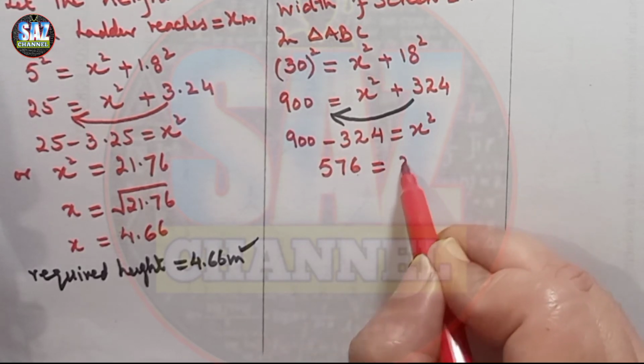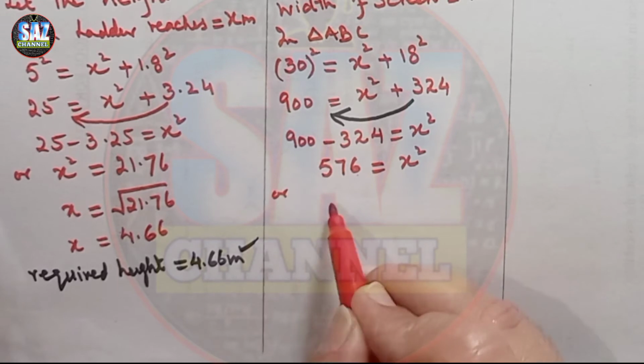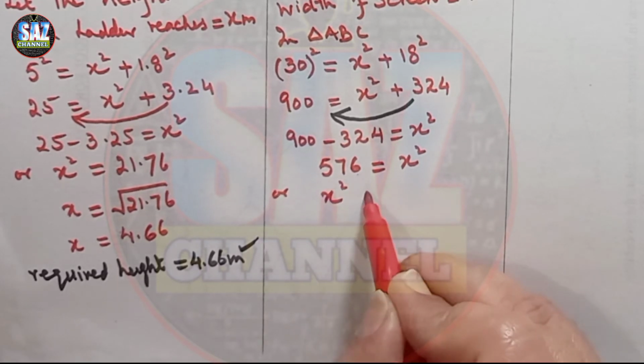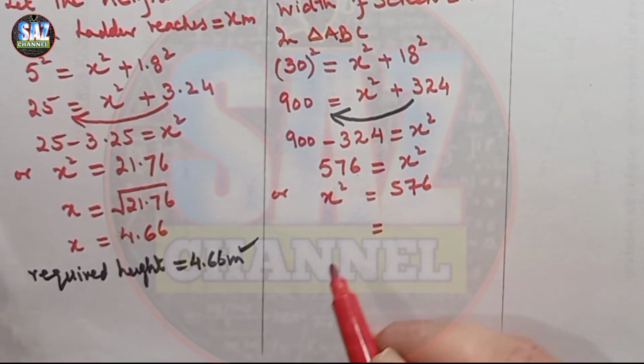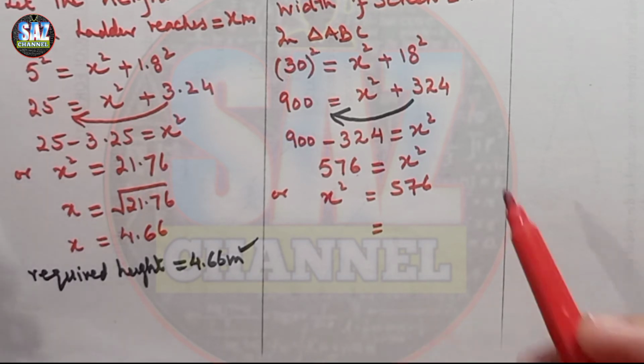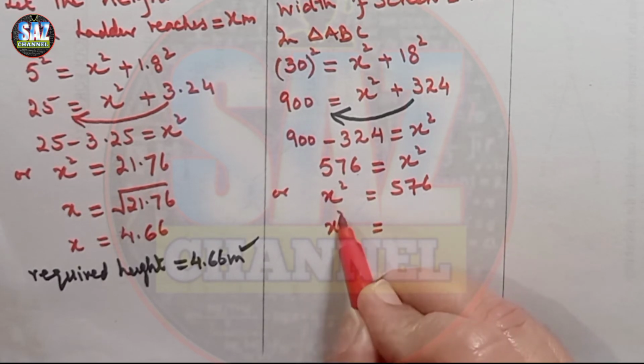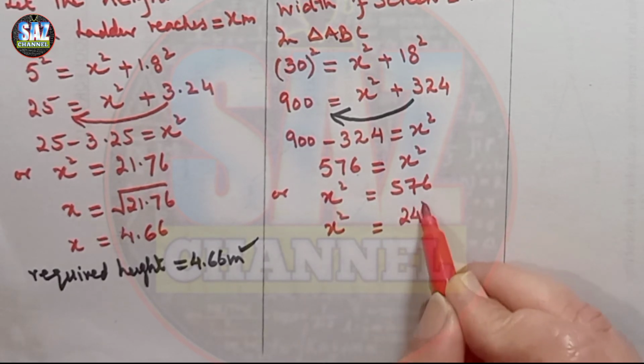So 576 equals x square, or we can write x square equals 576. Recall the number whose square is 576. I hope this is 24, but let me reassure this. This is 24, so we can write x square equals 24 square.